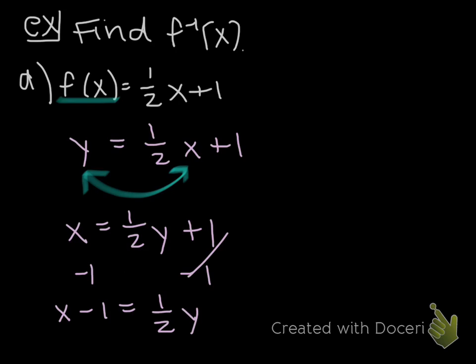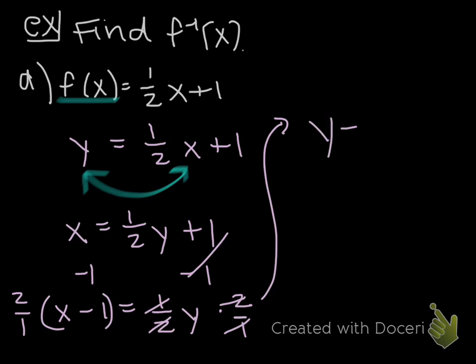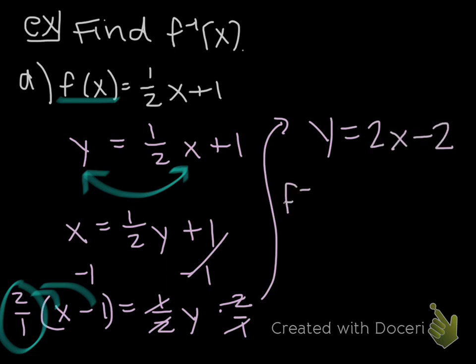Now, to get rid of this 1/2 in front of my y, I'm going to multiply both sides by the reciprocal. By doing that, this 2 over 1 and 1 over 2 are going to cancel, leaving me with y. On the other side, I'm going to take this 2 over 1 that I got and distribute it in. 2 over 1 is really just 2, so I get 2x minus 2. So this is our inverse of f equation.